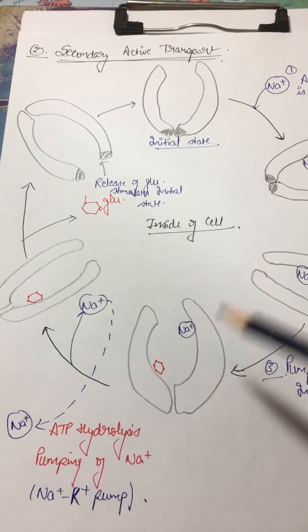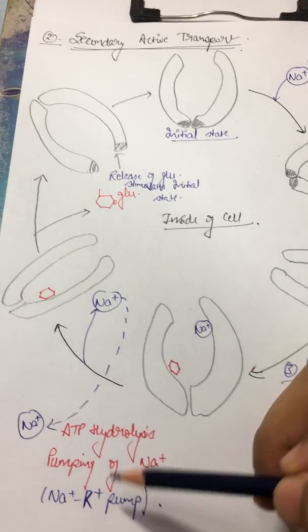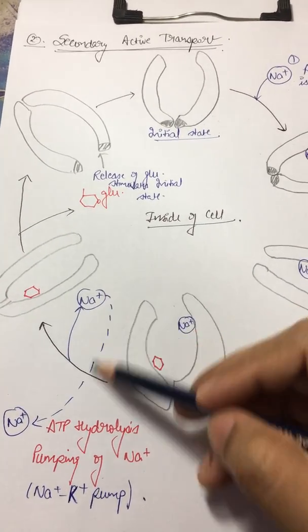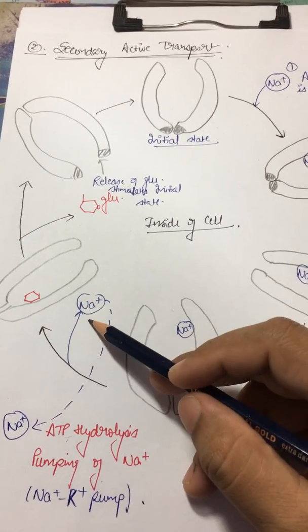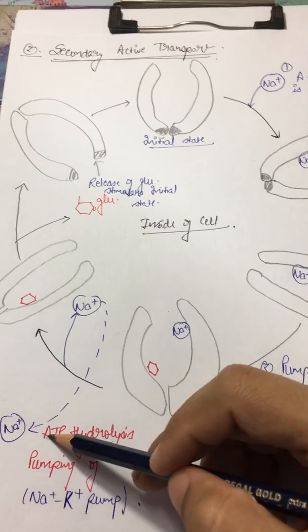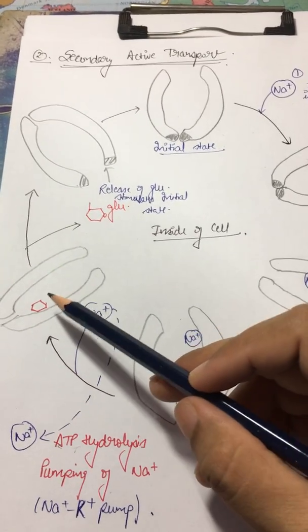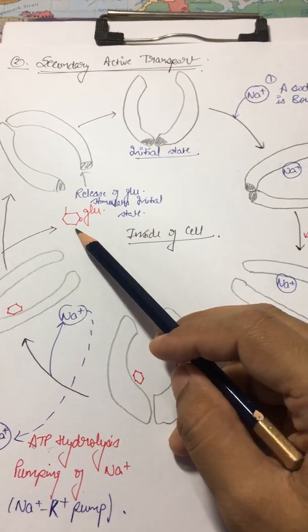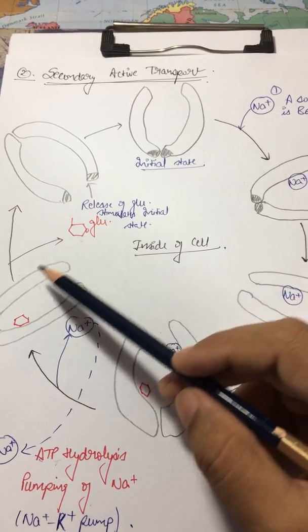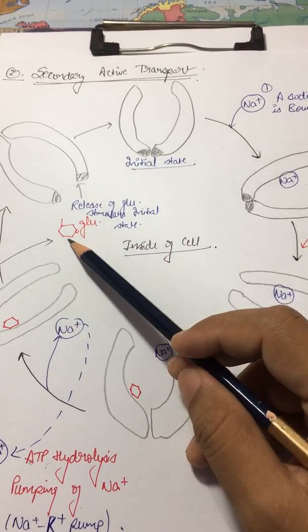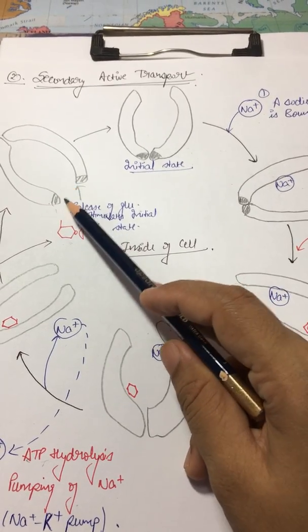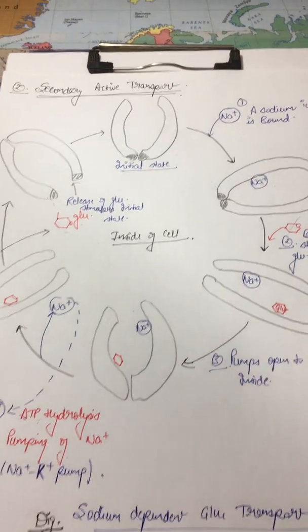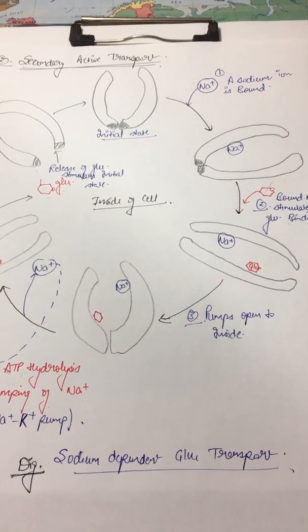Meanwhile, there is a process of the sodium potassium pump, which leads to the expulsion of sodium from inside the cell to outside, which will cause glucose to come inside the cell, right? So as the glucose is released inside the cell, the transport protein will come into its initial state. So this is sodium dependent glucose transport.